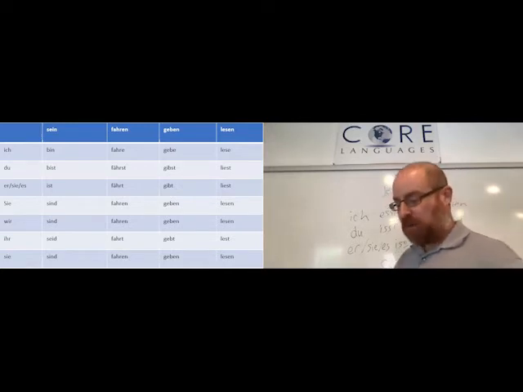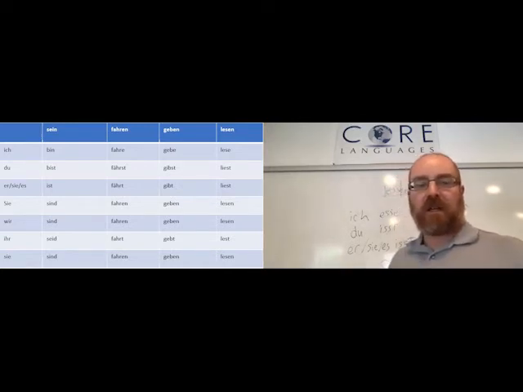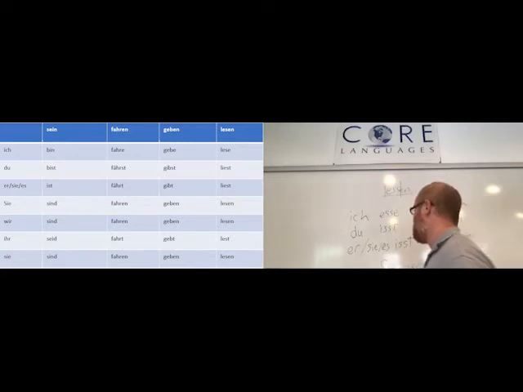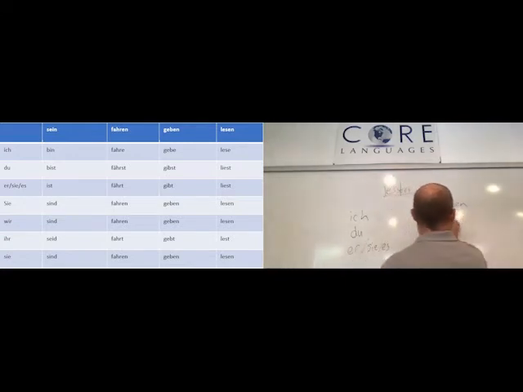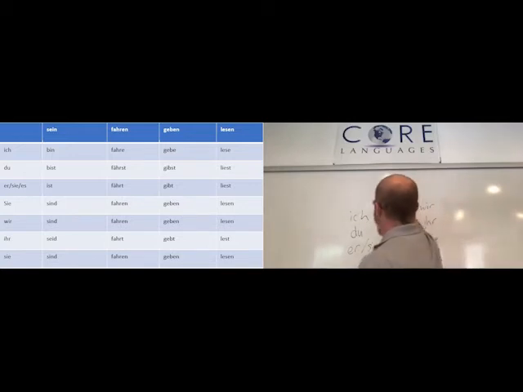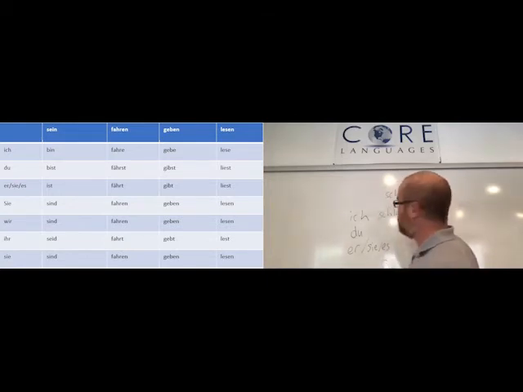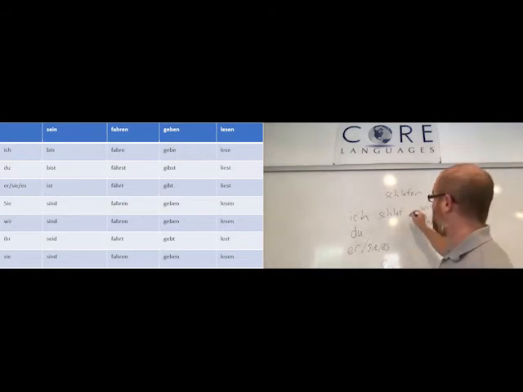Now let's look at one more that doesn't follow this exception to the rule with the S ending, and that's going to be the verb schlafen. Schlafen means to sleep. So we can take our stem schlaf and then add our endings.